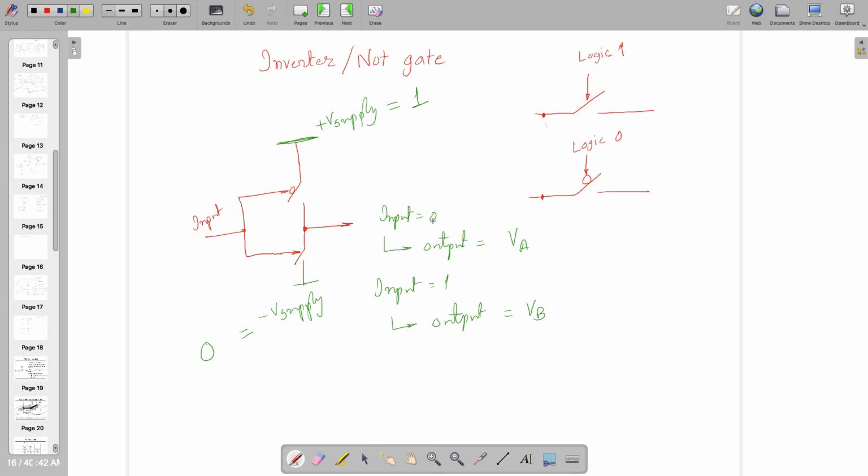So if I apply digital logic 0, output is digital logic 1. If I apply the input as digital logic 1, output is 0. So in digital circuits, the most important part is to use transistor as a switch.